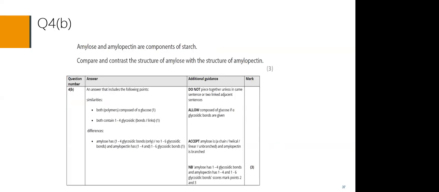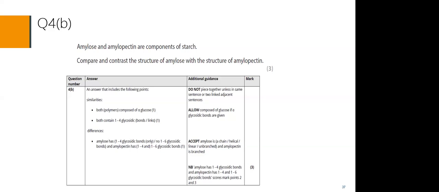Now, the next question we're going to look at is a compare and contrast answer. In order to gain full marks, candidates need to give both similarities and differences. You can't get full marks for a compare and contrast answer if you only give similarities or only give differences.